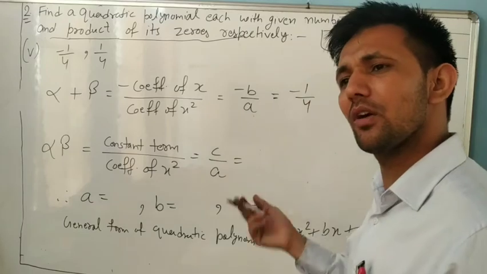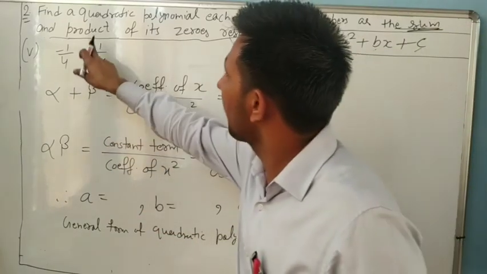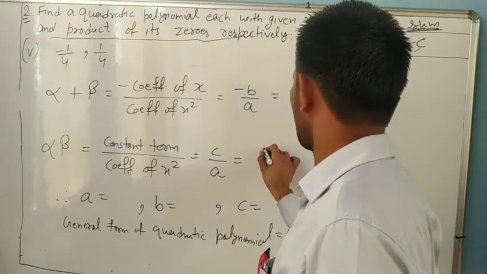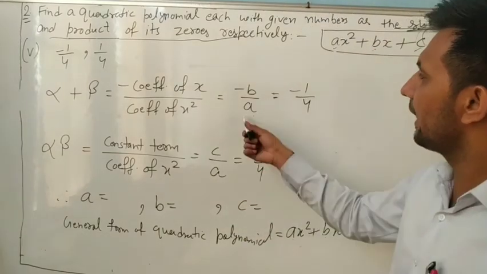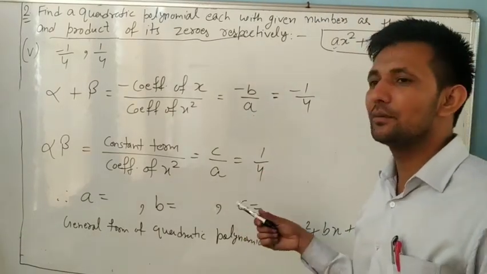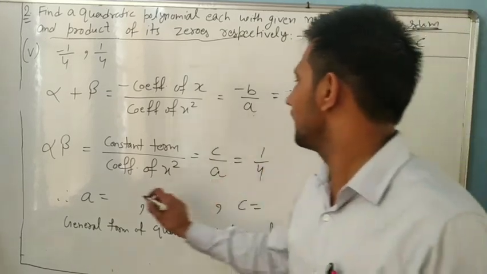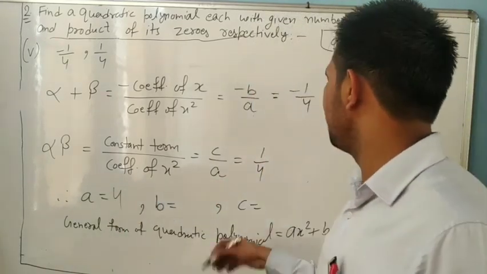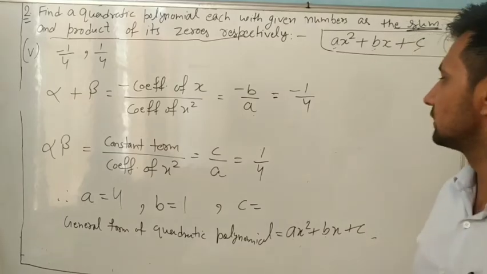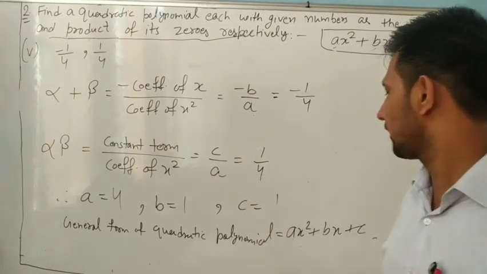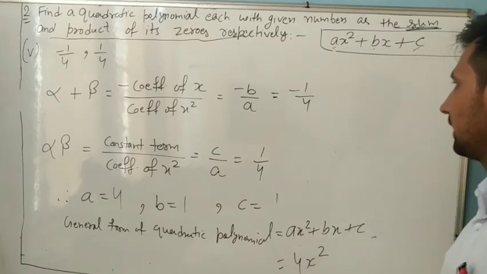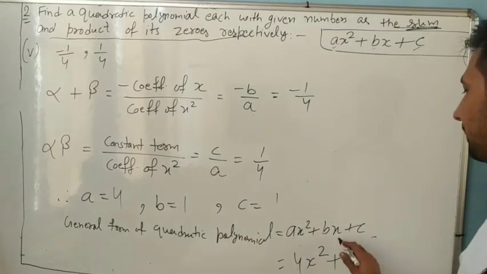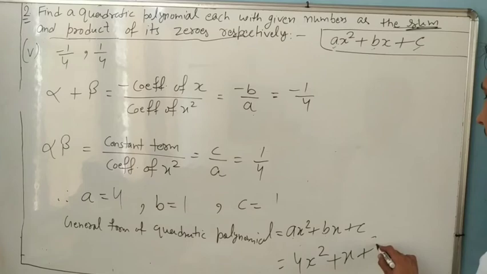Next, the product is 1 upon 4, so a is 4, no need to change anything. A is 4, b is 1, c is 1. Very simple: 4x square plus 1x plus 1. It is your answer.